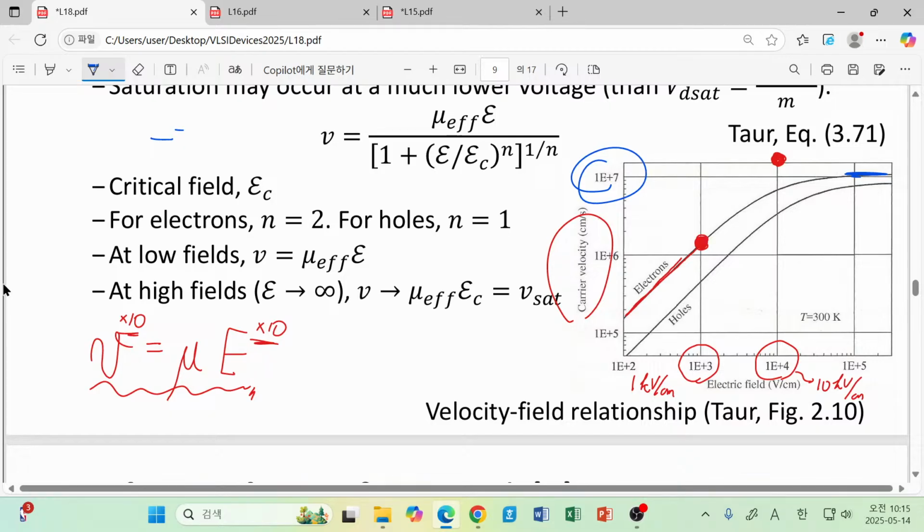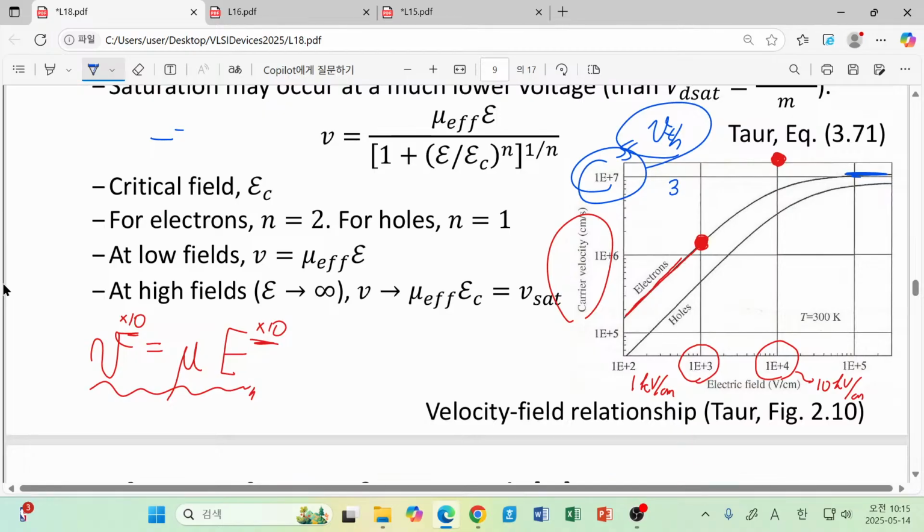And this number more or less corresponds to the average velocity of our thermal excitation. This electron gas has random velocity due to the given temperature.